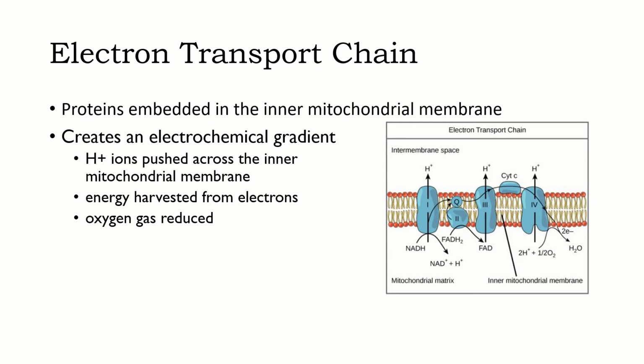All right, so the electron transport chain. It's going to, and I know this is complicated, transport electrons. These proteins embedded in the inner mitochondrial membrane are going to transport electrons across, harvesting the energy from those electrons, and use that energy to push hydrogen ions or protons across the inner membrane into the intermembrane space.